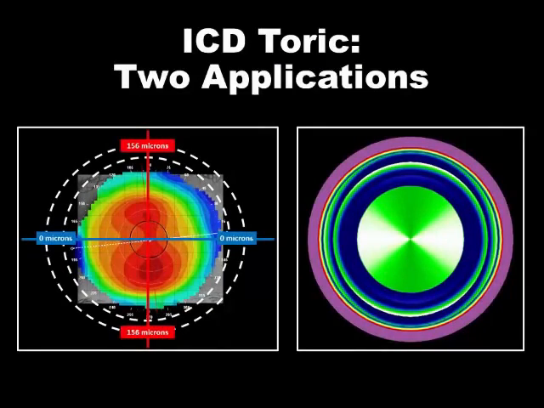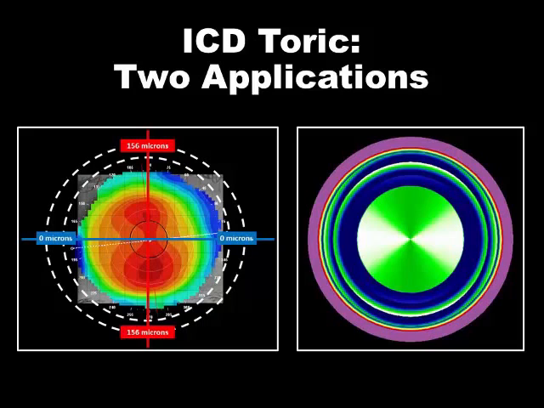So there's two applications that we need toric sclerals for. One is for when we have a highly astigmatic shape sclera or highly irregular shape sclera, and the other is when we have a relatively normal scleral shape, but we're manifesting lenticular astigmatism through the lens.